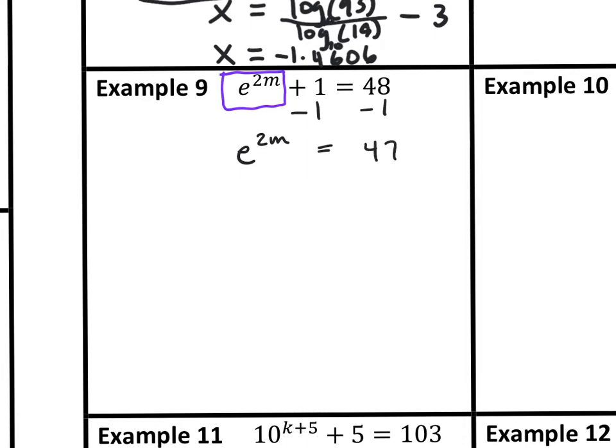And then step 2 says raise both sides to the log. But since it's a base of e, remember e uses natural log. It's ln. So we're going to write ln on both sides.